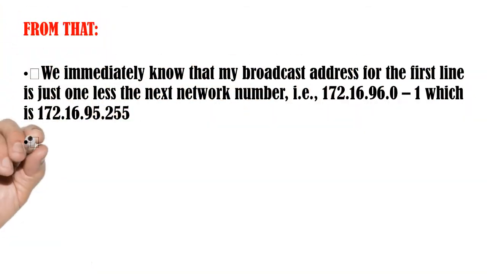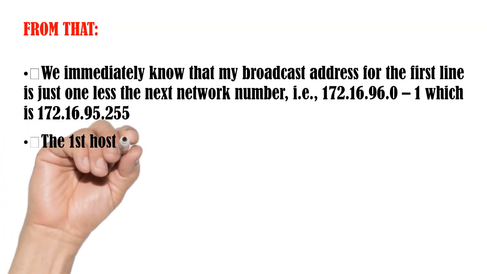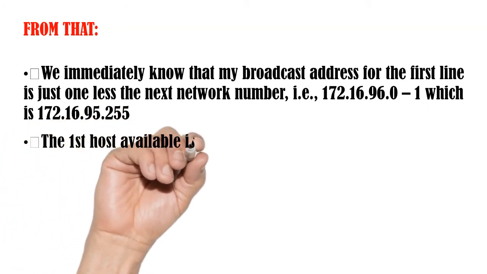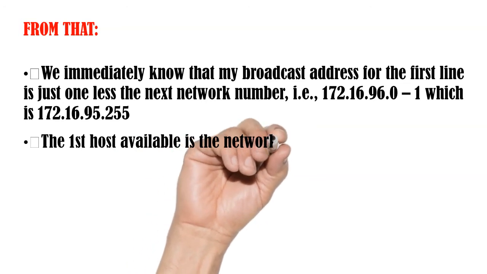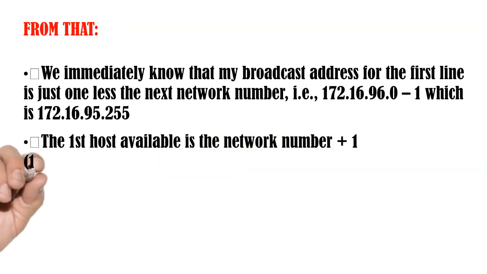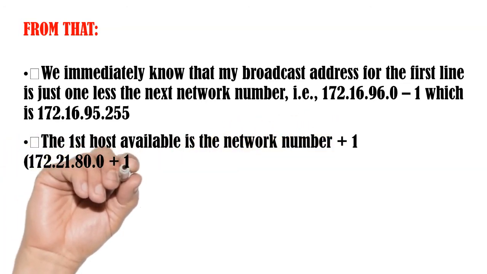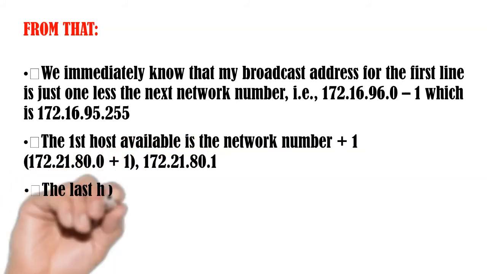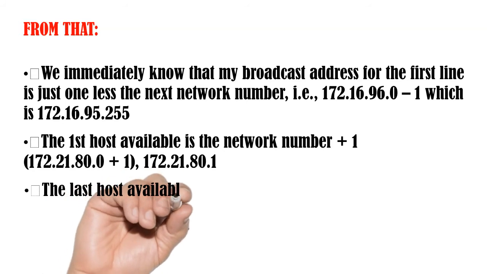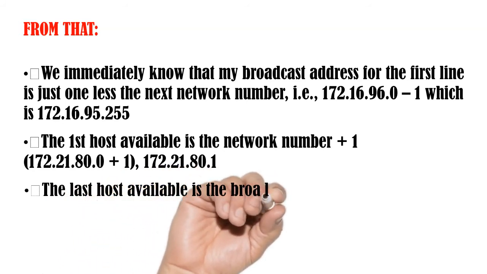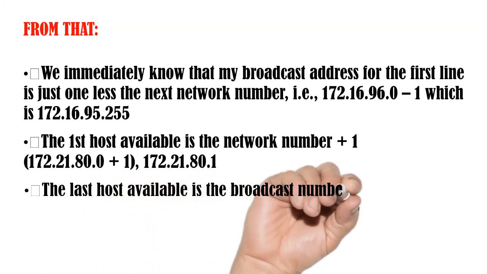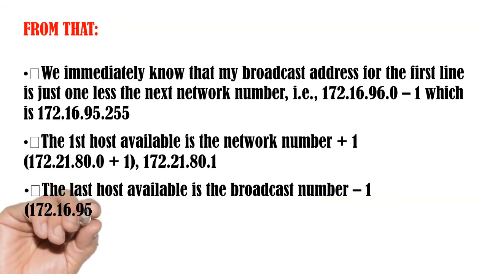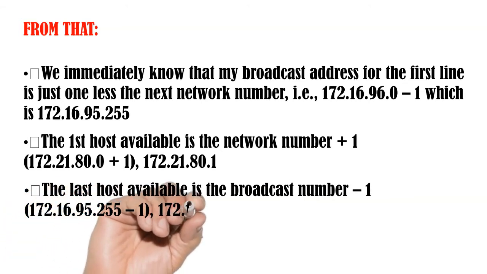From that, we immediately know that the broadcast number for the network is just the next network number, 96, minus 1, which would leave us 172.21.95.255. As for the first available number, this would be the network number plus 1. 172.21.80.0 is the network number, plus 1, which will leave us 172.21.80.1.